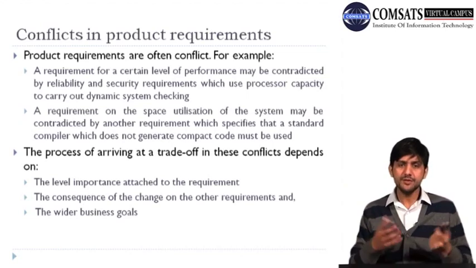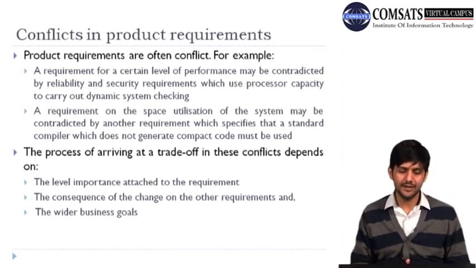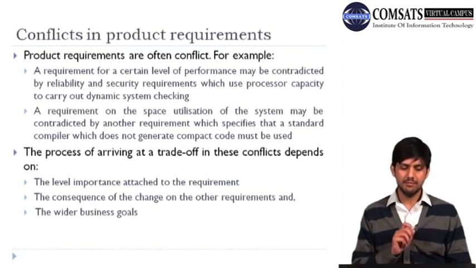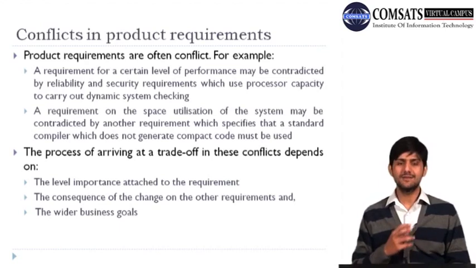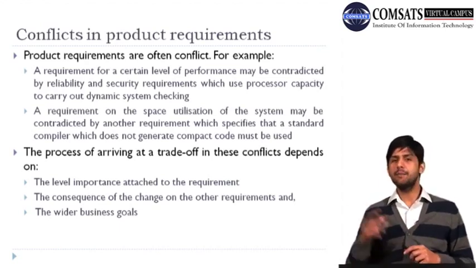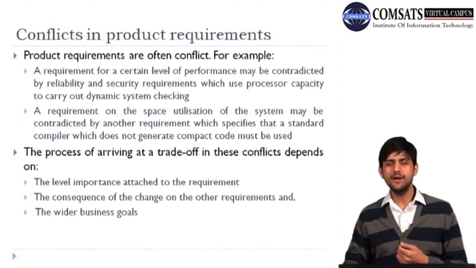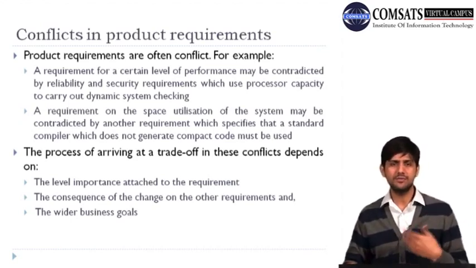So the process of arriving at a trade-off in these conflicts depends on the level of importance attached to the requirement, the consequences of change on the other requirements, and the wider business goals. So again, remember our negotiation process. As we used to resolve conflicts there, we are going to use a similar process.